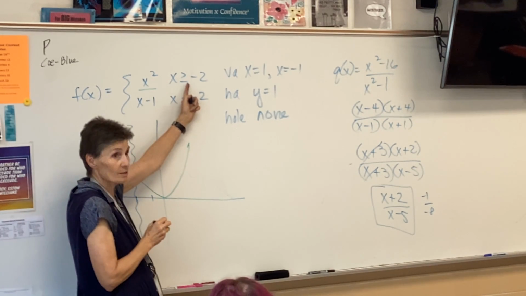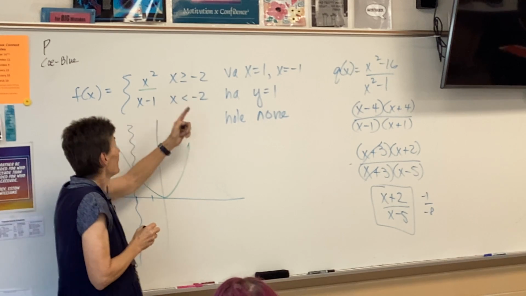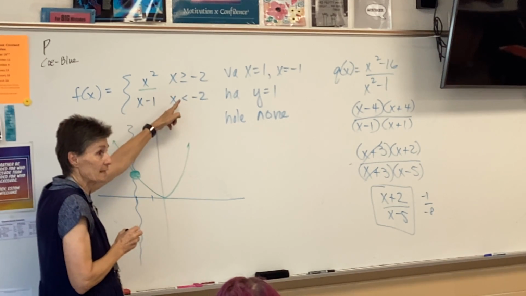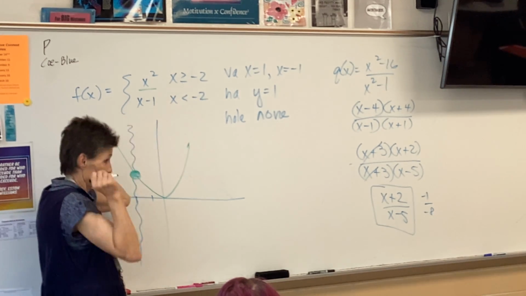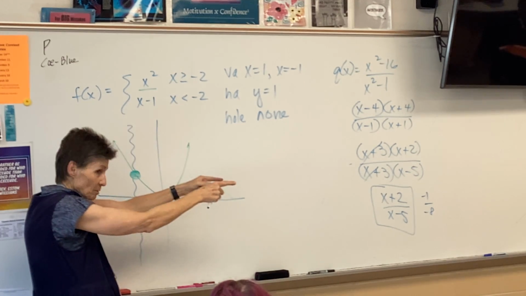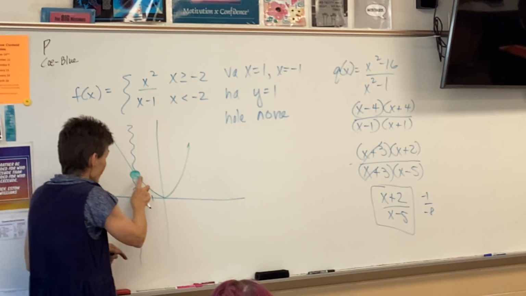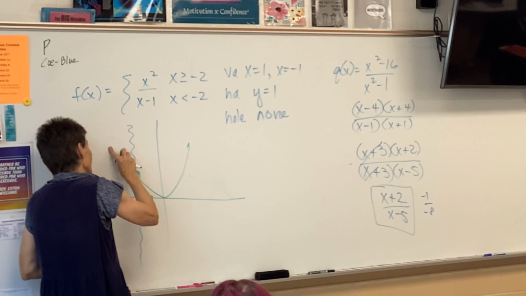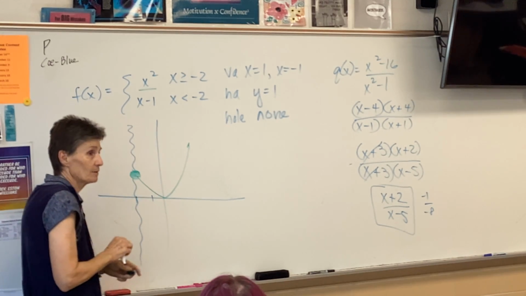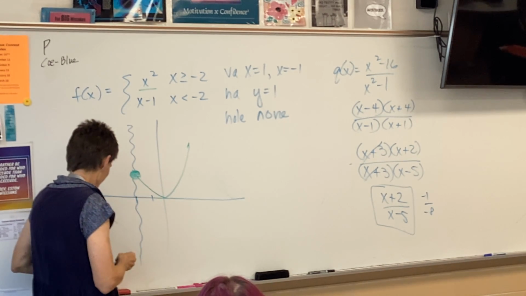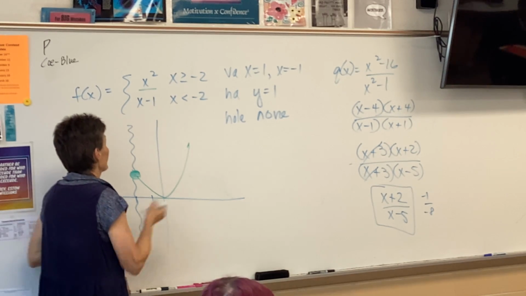Look, closed. And which part of the parabola will I keep? The way it's pointing. It's pointing that way. So I'm gonna keep the right side and get rid of the what's that?